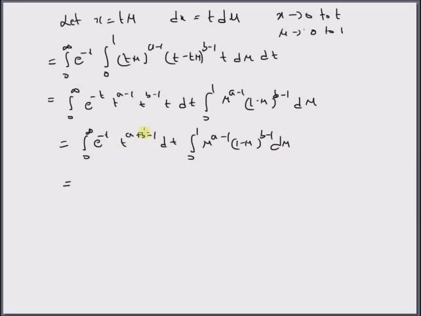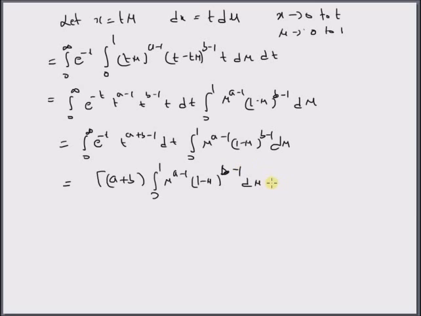This first integral is the definition of the gamma function with parameter a plus b, and this second one is nothing but the variable part of the beta distribution, that is the integral from 0 to 1 of mu power a minus 1, (1 minus mu) power b minus 1 d mu.